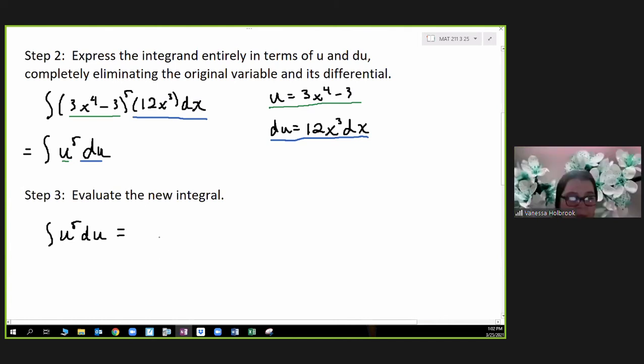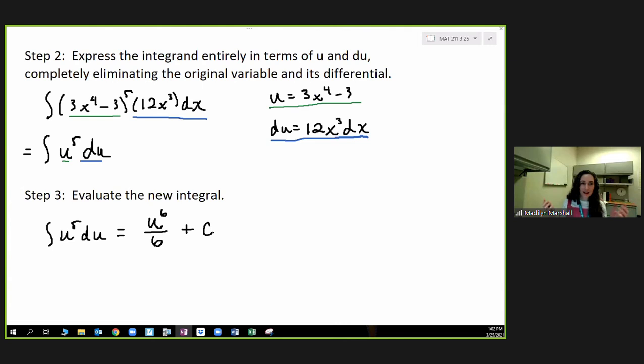U to the sixth divided by 6 plus c. Exactly. So that was so nice. Our integration was just like that little step.